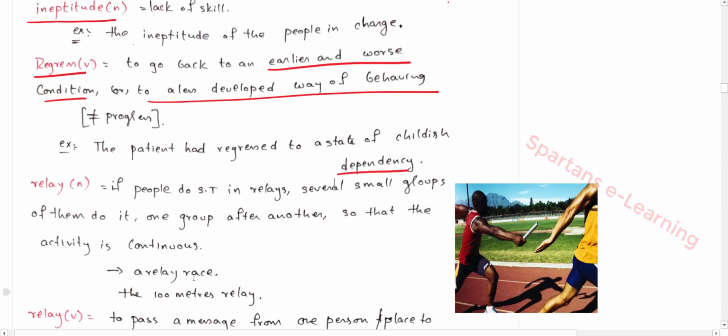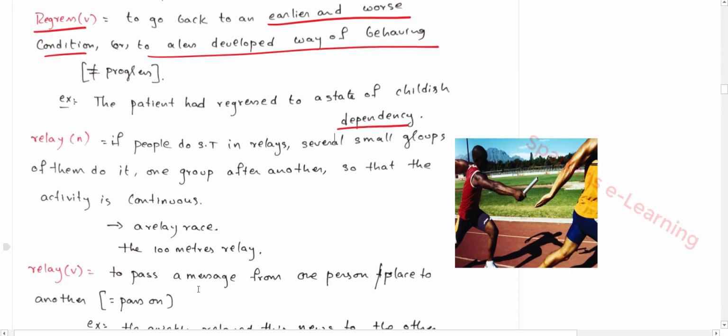Our next word is relay. Relay as a noun means if people do something in relays, several small groups of people do it, one group after another, so that the activity is continuous without breaking the chain. Example, we can say a relay race. In a relay race, a person starts running and after some time he hands over this particular stick.